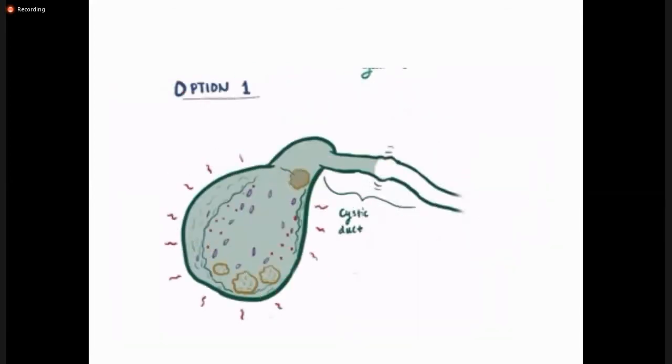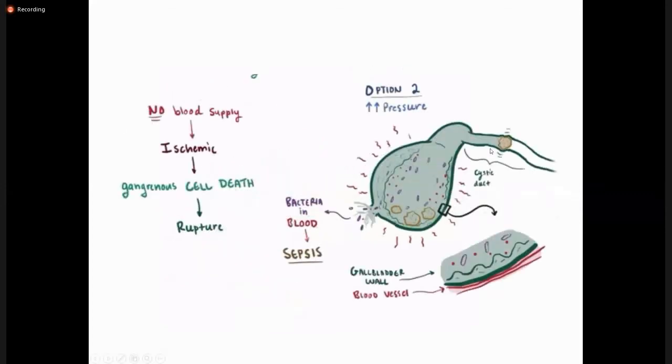So what is the first option that is occurring? The stone may disimpact and fall back into the gallbladder, just inflammation will occur and the symptoms may subside. The other thing that may occur is if the stone remains impacted at the cystic duct, it will cause inflammation of the wall, and this swelling may either cause sepsis, as we can see leukocytosis occurring, and toxemia, Charcot's triad will be obvious, or it may perforate.